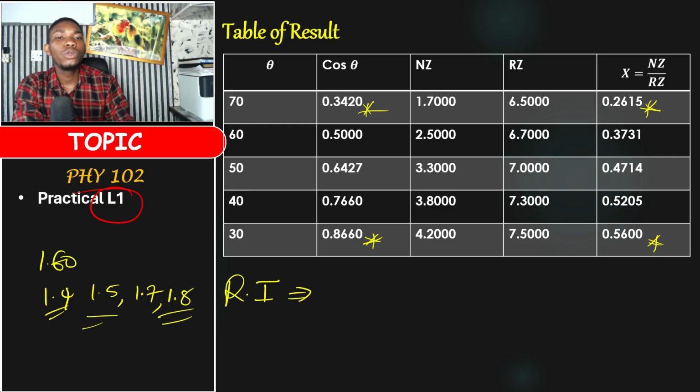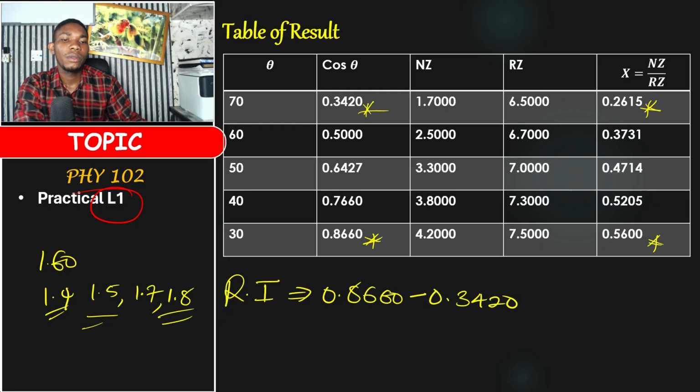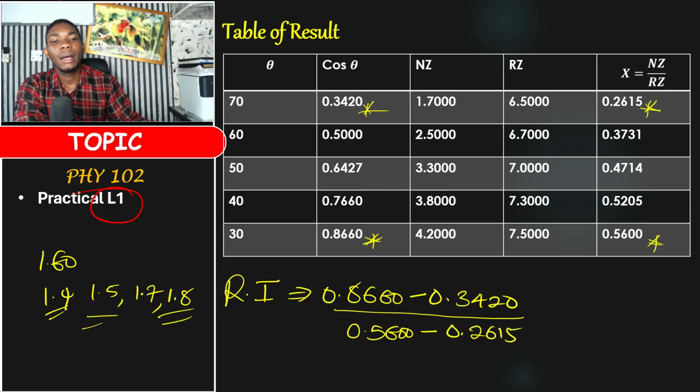Now, how do you know if your values are correct? You take the first and last values of cos theta and subtract them. So this will be 0.8660 minus 0.3420, divided by 0.5600 minus 0.2615.